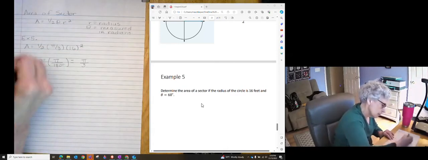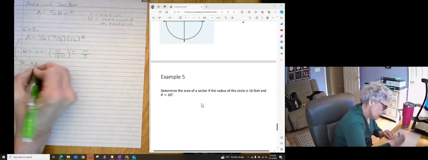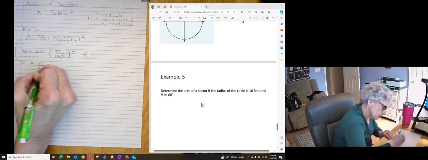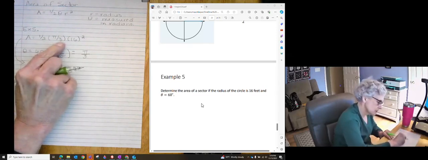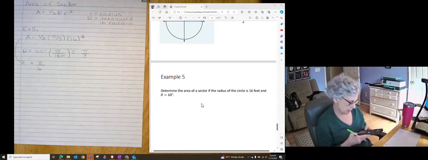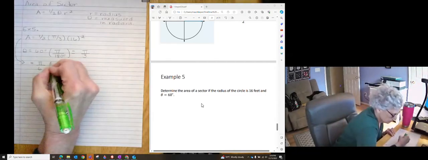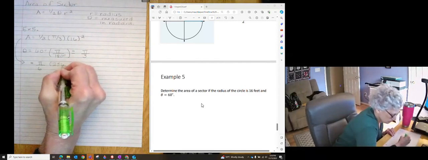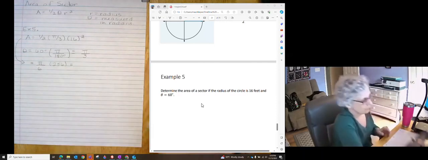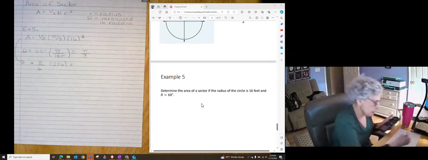And so I'm going to come down here. 1/2 pi over 6, 2 times 3, 16 squared. Don't know that off the top of my head. 256 divided by 6, is it something pretty? No, it's not.